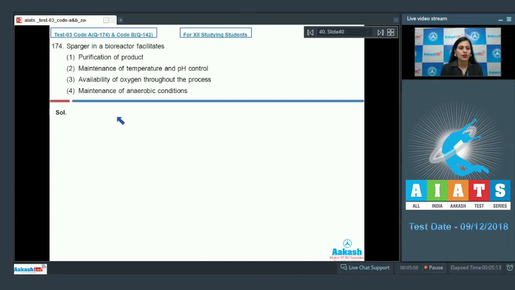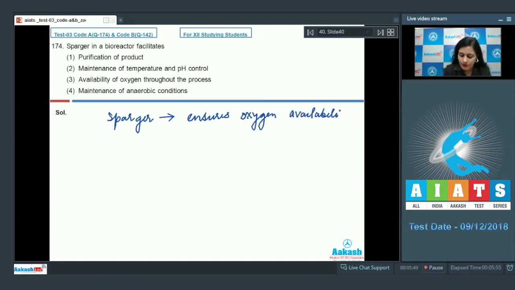Question number 174. Sparger in a bioreactor facilitates. Now we know that sparger in a bioreactor ensures oxygen availability throughout the reaction mixture.